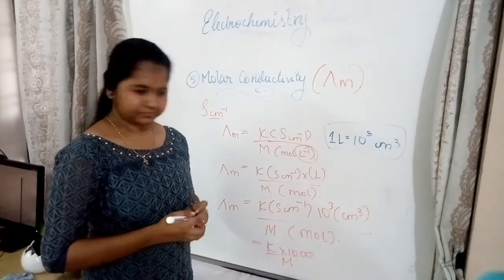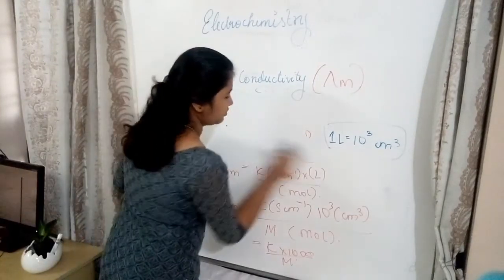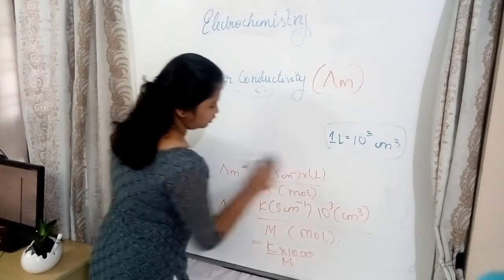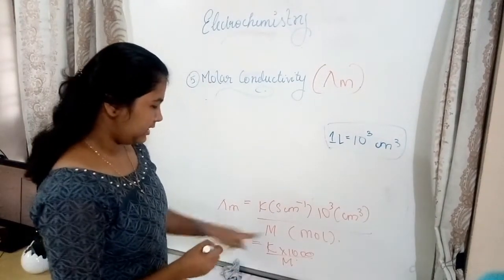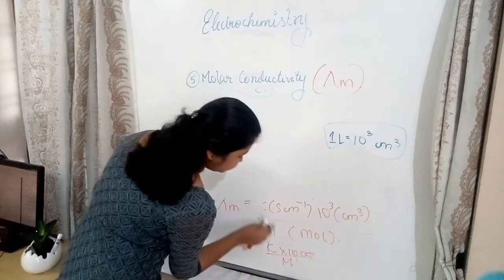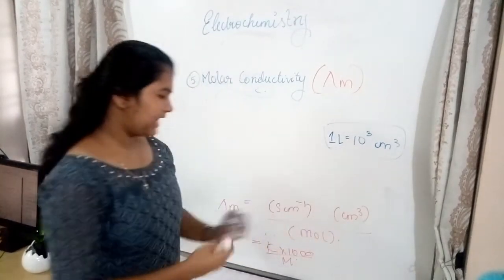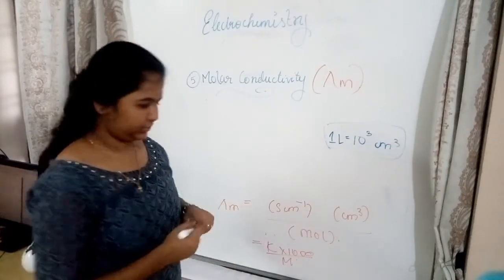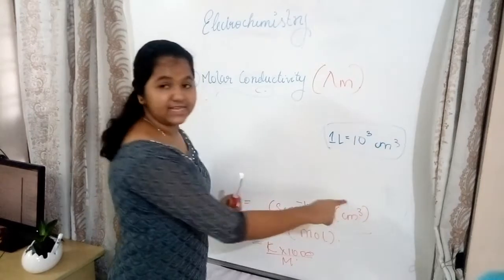Okay. So we'll write the equation. This is our equation actually. Now we have to simplify this equation. So what is this? Siemens centimeter inverse and there is centimeter cube.